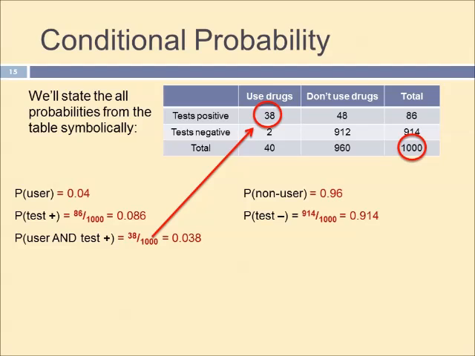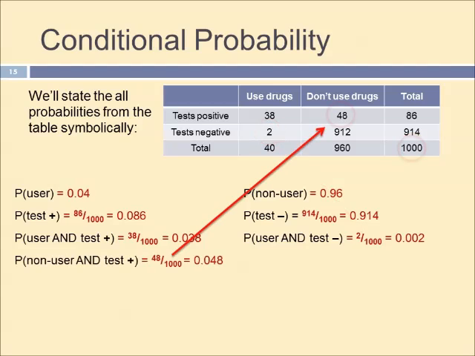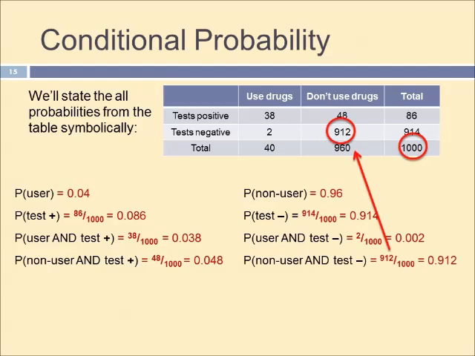Probability that someone is a user and tests positive, 38 out of 1,000. Probability of a user and tests negative is 2 out of 1,000. Probability that someone's a non-user and tests positive is 48 out of 1,000. Probability someone's a non-user and tests negative, 912 out of 1,000.